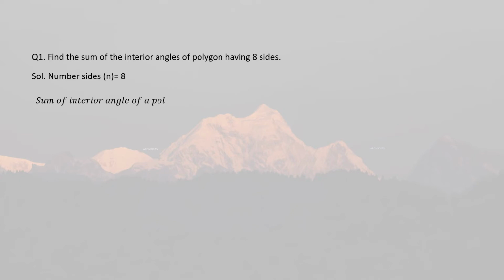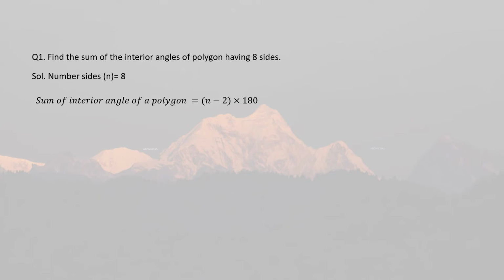Let's try to solve this question using the formula. Find the sum of interior angles of a polygon having 8 sides. So we have the number of sides as 8, and the formula is: sum of interior angles of a polygon equals (n minus 2) times 180 degrees. Remember this formula.